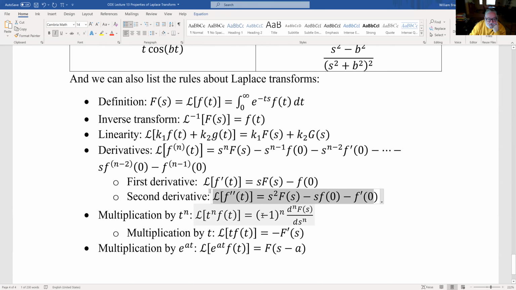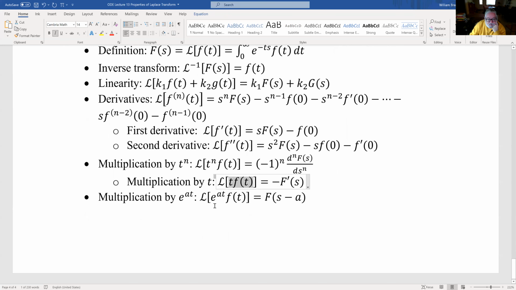Multiplication by t just means take the derivative of the transform, right? So multiplication by t to the n is the nth derivative, but t f of t, its Laplace transform is minus F prime of s, and the multiplication by e to the at means shift the Laplace transform from F of s to F of s minus a.